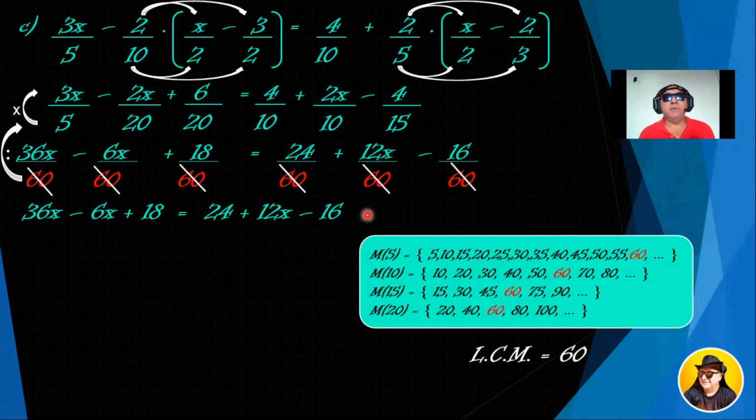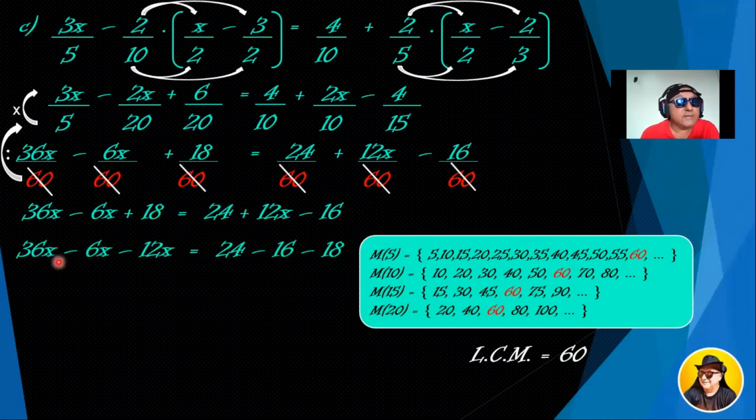Let's organize them in families: x family on the left and the numbers family on the right. So 36x minus 6x minus 12x is 24 minus 16 minus 18. This 36 is positive, so it is alone right there.